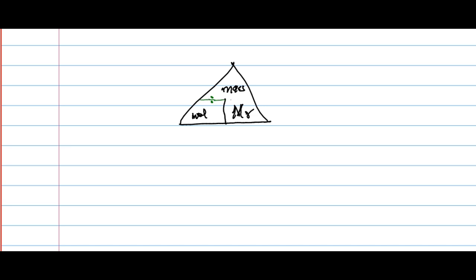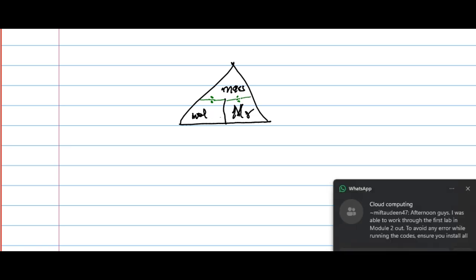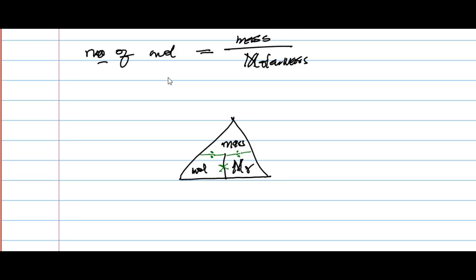What relates mole to mass is also division. So I put a division line here. And what relates mass and molar mass together is multiplication. So what do we mean by that?